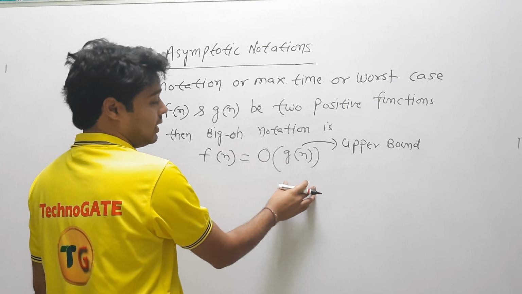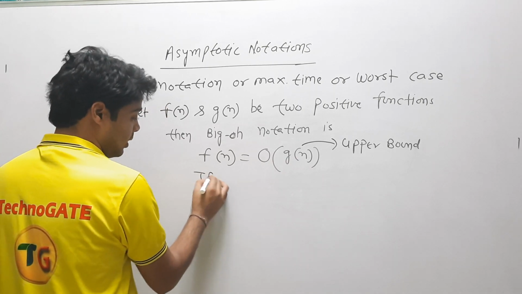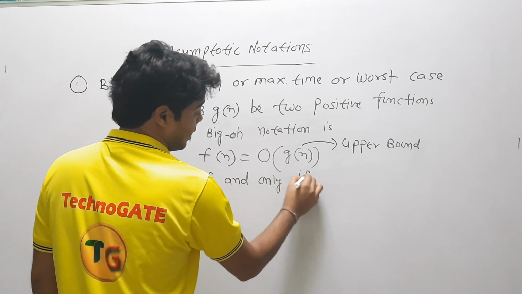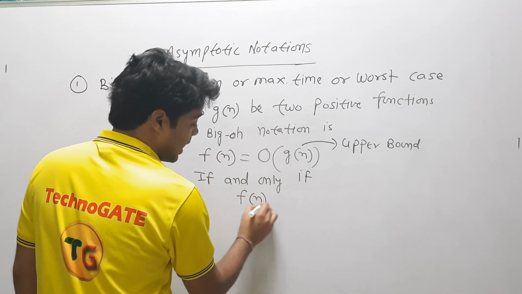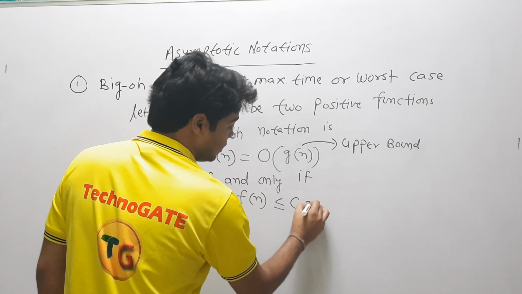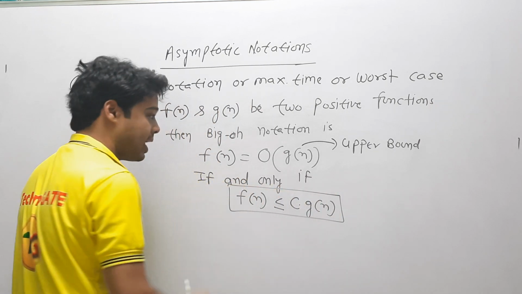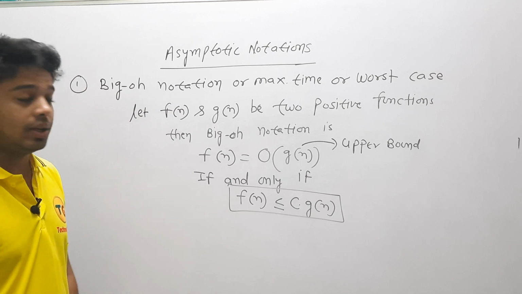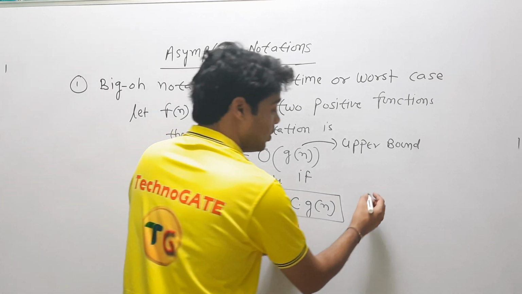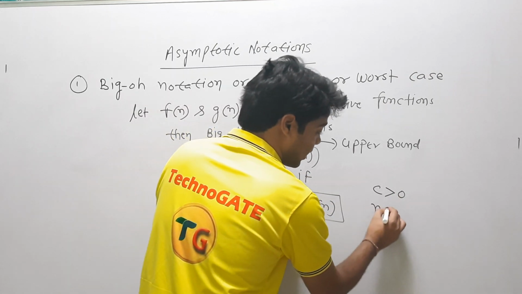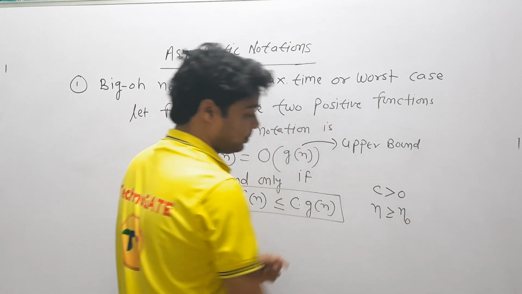So Fn is big O of Gn if and only if Fn is less than or equal to C dot Gn here. This one is the big O notation. C is a constant here, so C must be greater than 0, and n must be greater than or equal to n0 here.